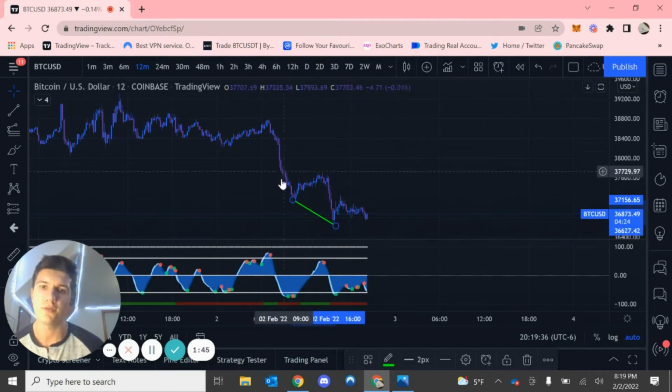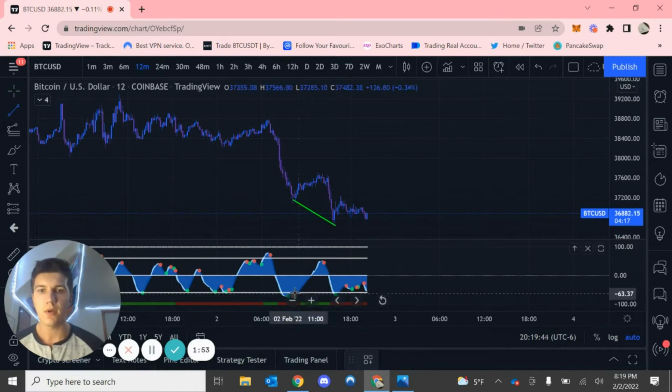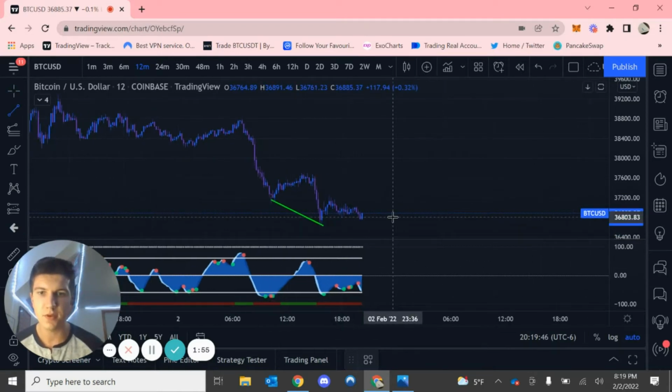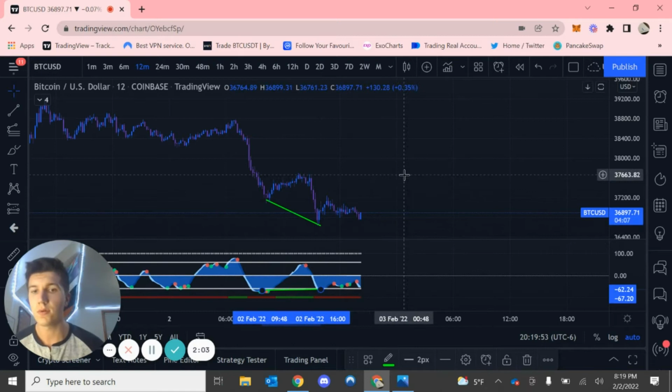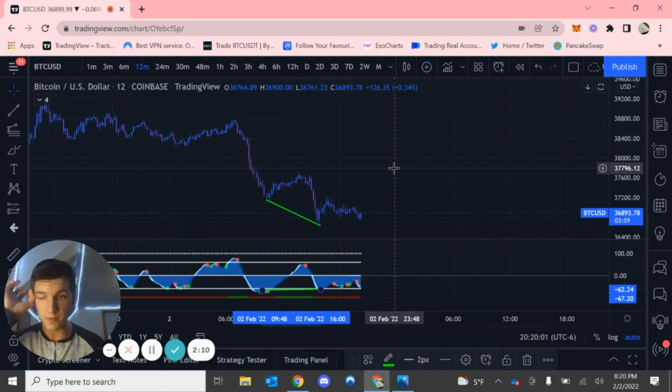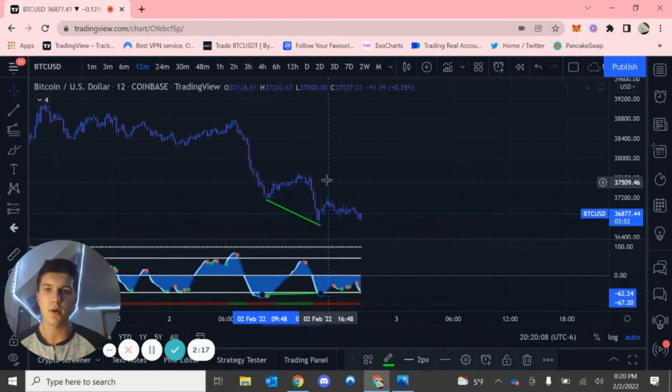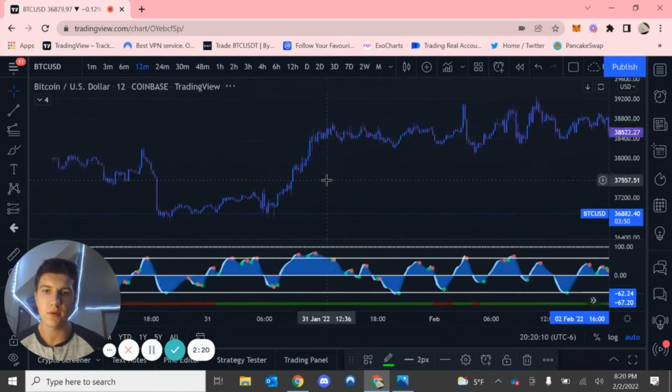And so here you can see price is making lower lows as indicated by the green trend line right here, while our oscillator, in this case Market Cipher B, is making higher lows, and so they're diverging from each other. This is basically what a divergence is, and in this case it is called a bullish divergence. And so let's do more examples here.